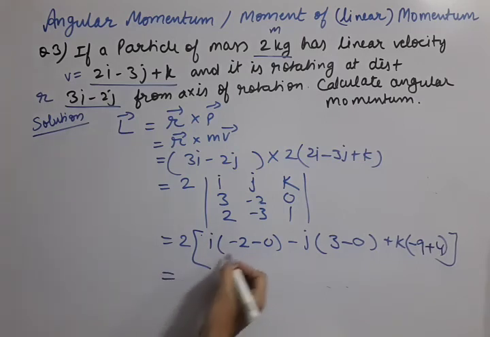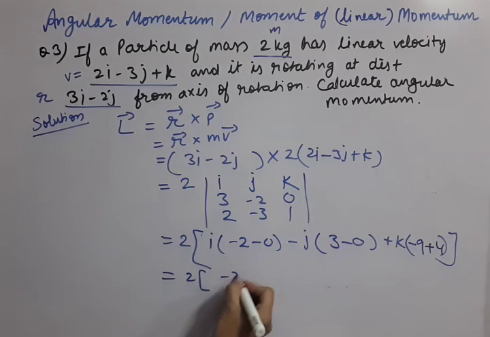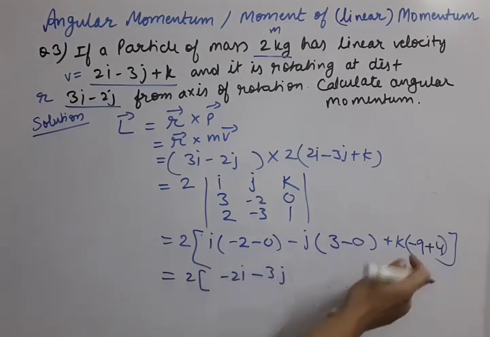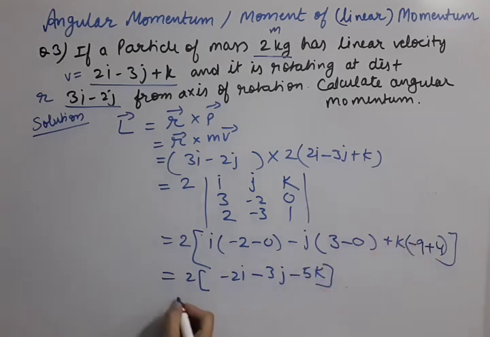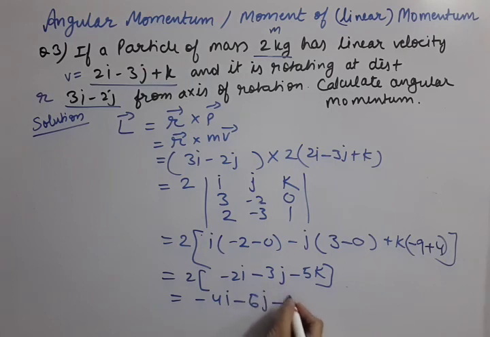Finally, what is left? Minus 2i minus 3j and minus 9 plus 4 is minus 5, so minus 5k. And because this m is out, we will multiply it inside. So minus 4i minus 6j minus 10k. This will become the answer of the angular momentum.